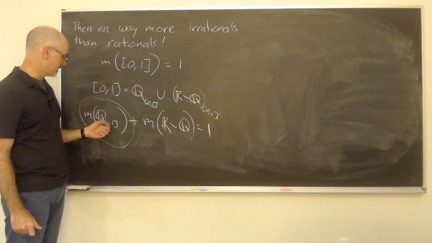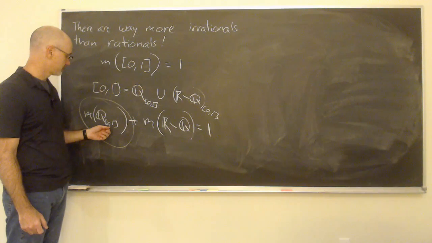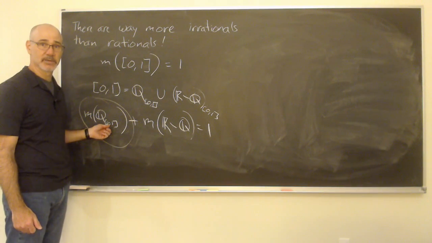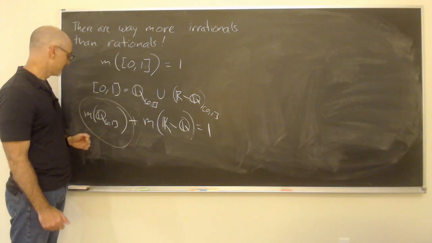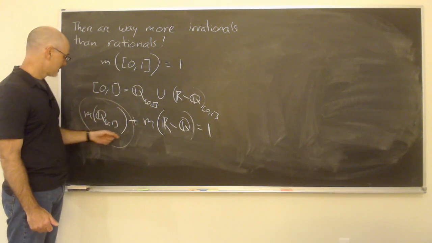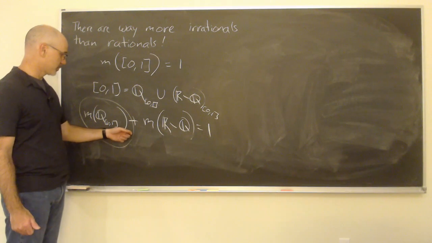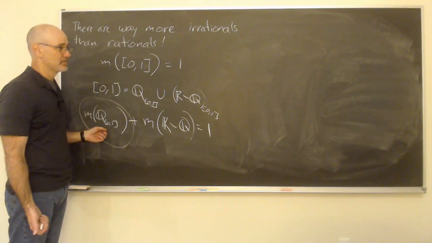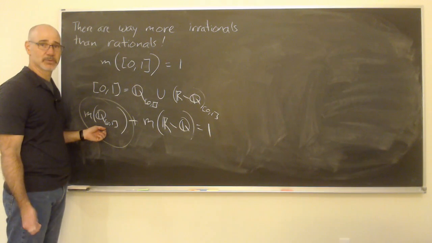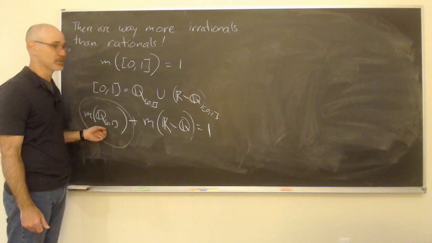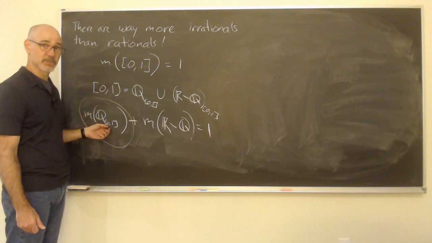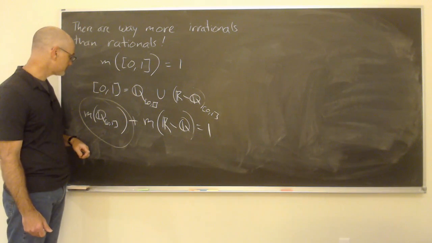And so this is saying that all of those numbers make up roughly 0% of the real numbers. So in a certain sense, the rationals, which we are most familiar with, are roughly measure 0 compared to the numbers that we're not familiar with. Our experience with the rational numbers is a very limited experience with real numbers in general.